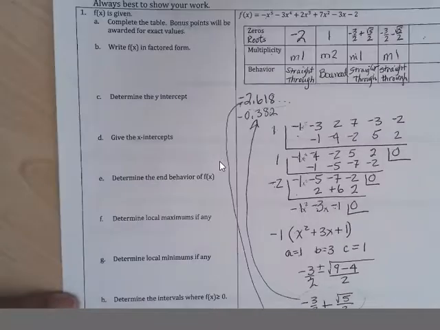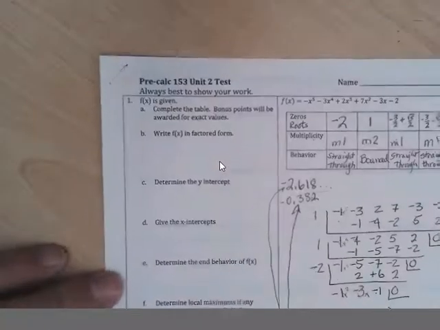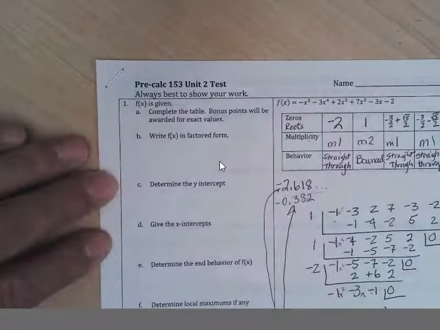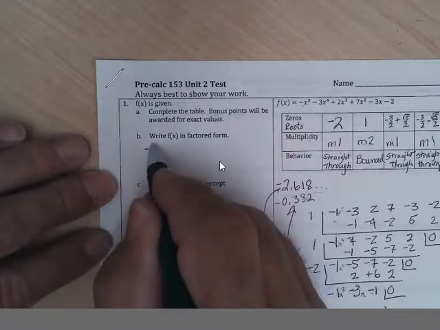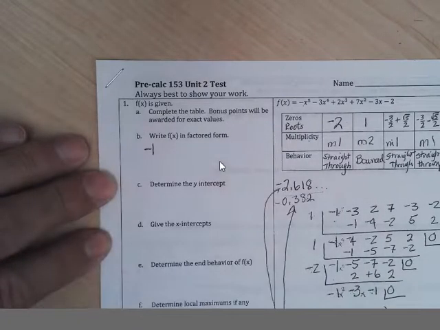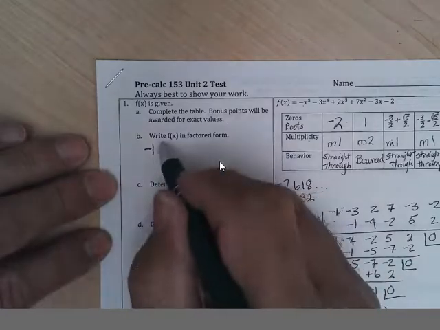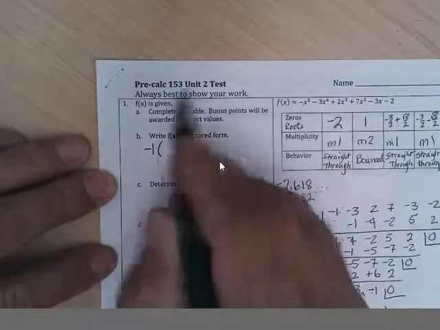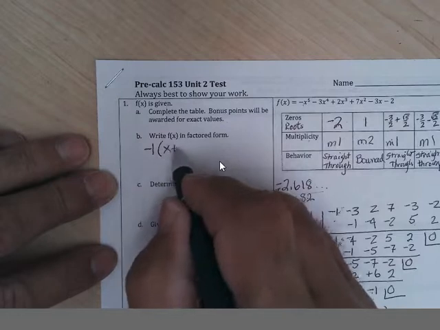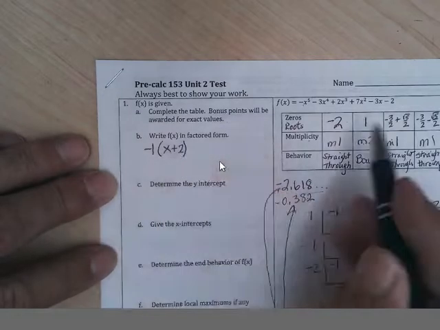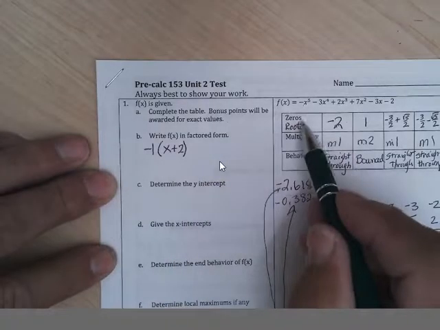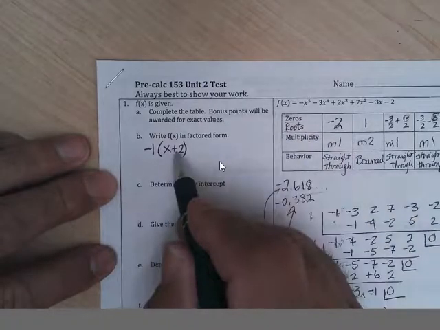So what is the factored form? Well, the factored form is, see, I factored out a minus 1. So I have minus 1. And then I have, if minus 2 is a root, x plus 2 has to be a factor because minus 2 plus 2 would be 0, causing it to be a 0 or root.